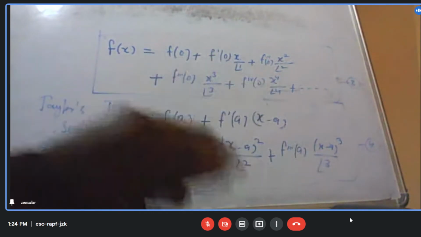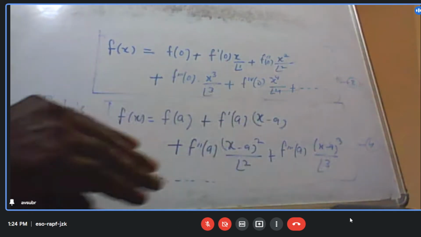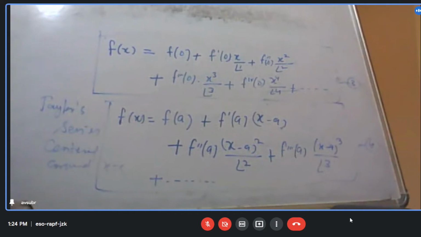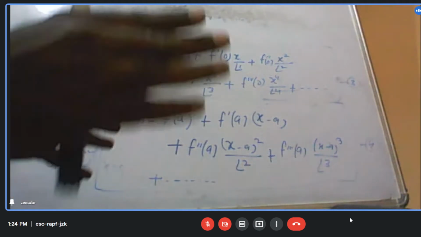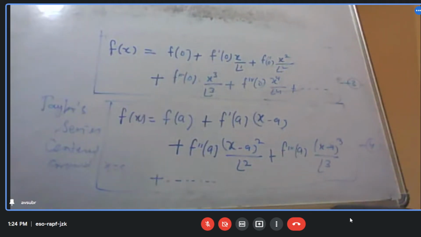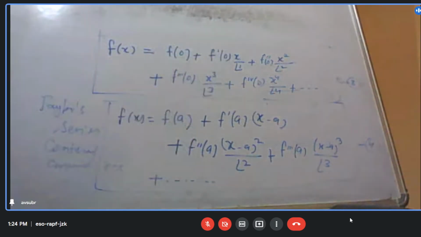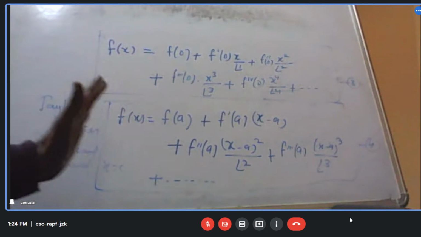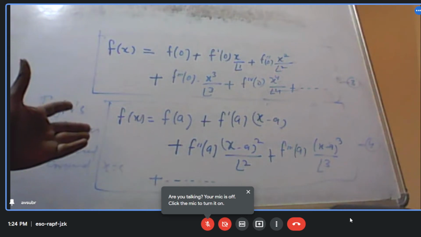So it gives you information, local information. You are finding the derivative at one point, and it is giving you the local information around that point. So that is the power of this Taylor series. I think it is pretty clear from here.